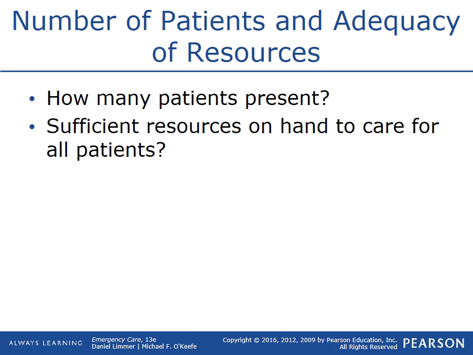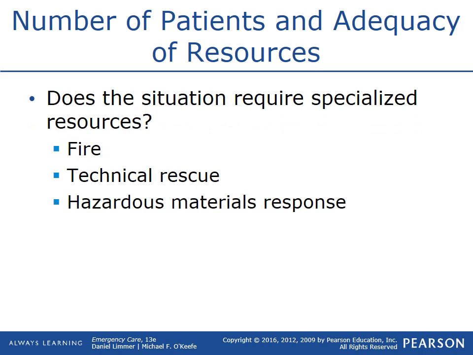You might see that you're called to an accident scene and you find one more patient lying in the ditch. Do you have the sufficient resources to care for all the patients? Then, does the situation require any special resources?